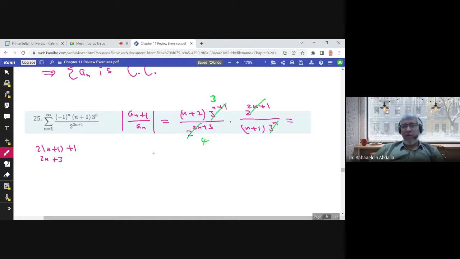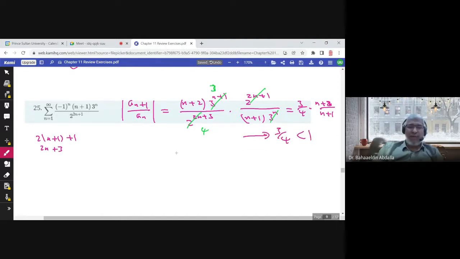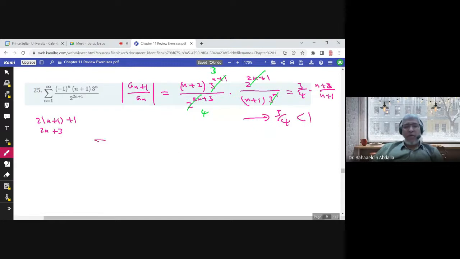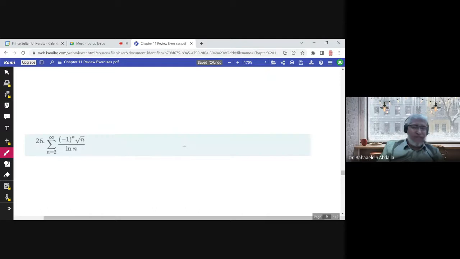So actually, I have 4 here. So 3 over 4 times n plus 2 over n plus 1. Well, the limit of n plus 2 over n plus 1 is 1. So this goes to 3 over 4, which is less than 1. So summation a_n is absolutely convergent by the ratio test.